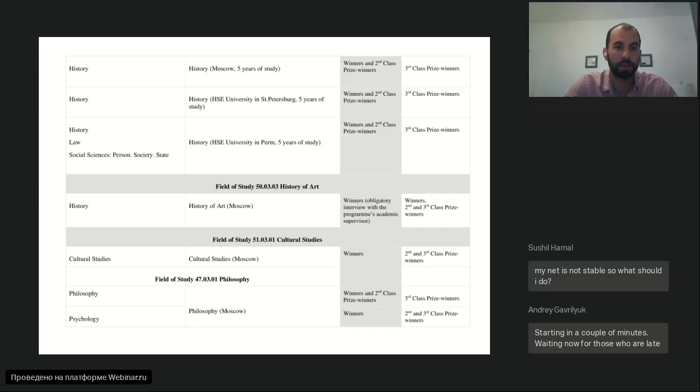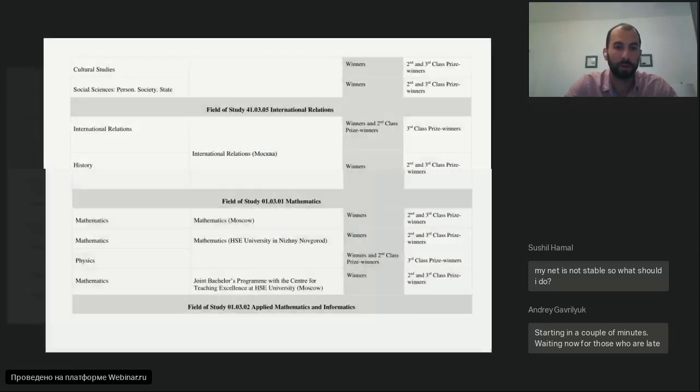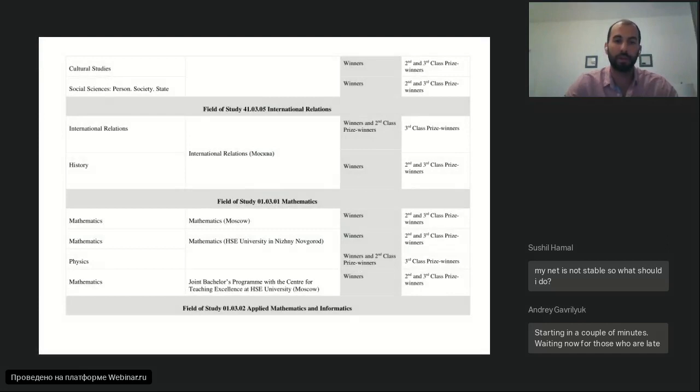And if you study this file better, you will see that there are 4 different campuses of our university. Sometimes you can see here in the second column Moscow. Sometimes you can see HSE University in Nizhny Novgorod. Also you can see HSE University in Perm and HSE University in St. Petersburg.